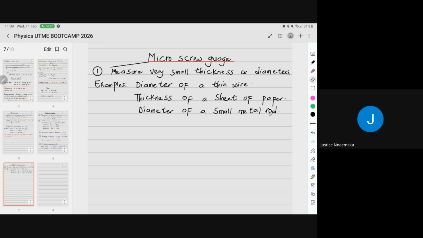So all of these things are what you can measure with your what? Your micro screw gauge.